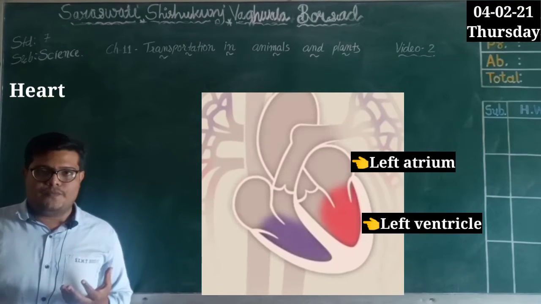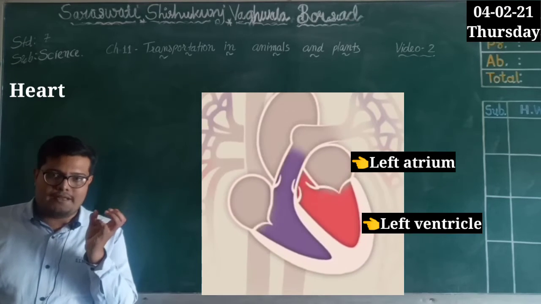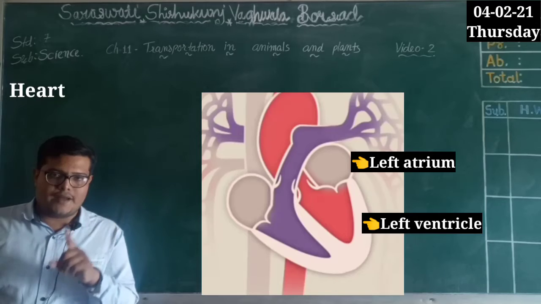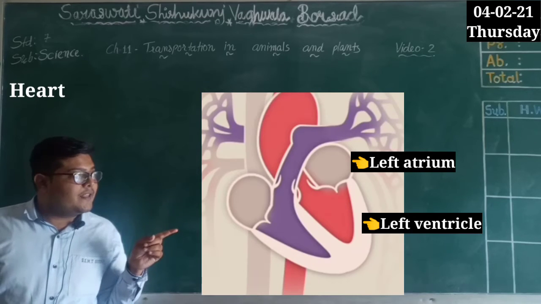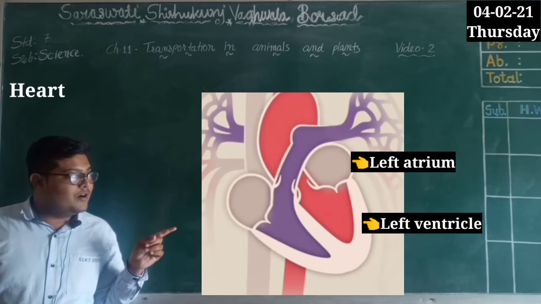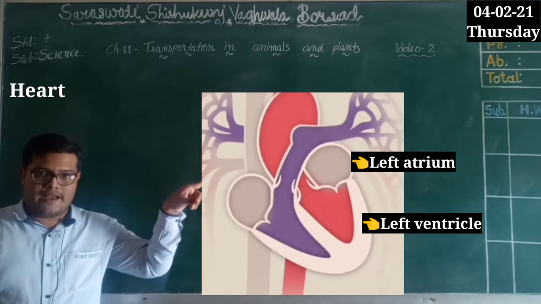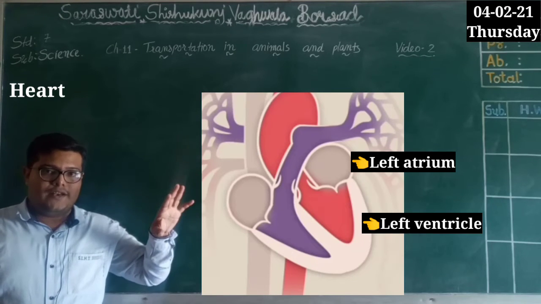This activity we know. When the heart contracts, first contraction I am talking about, the blood which is in the ventricle will be pumped outside. Now where it will go, I'll tell you.